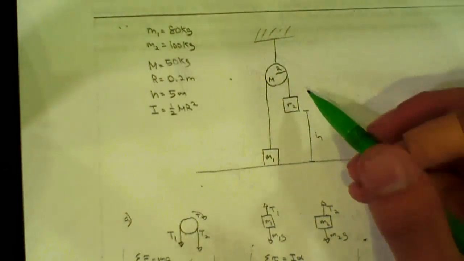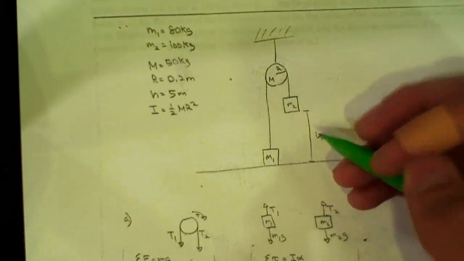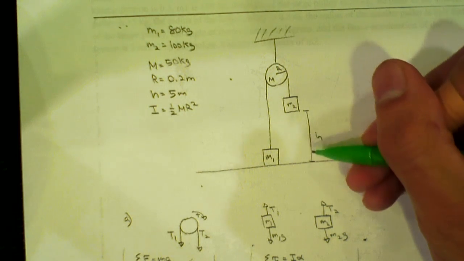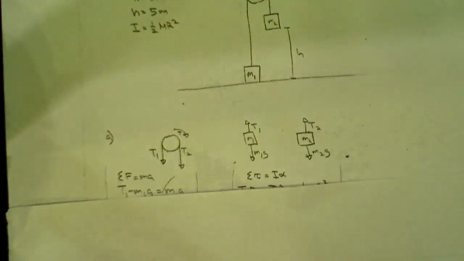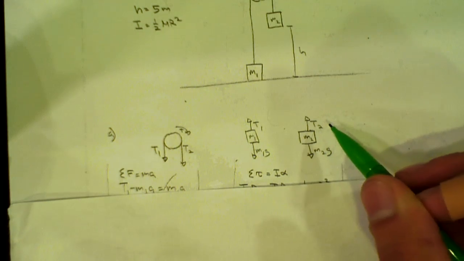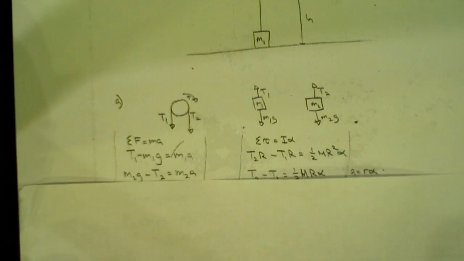All right? Now, if we do the summation of forces for the second mass, we look back at the diagram, anything that moves in this direction is going to be positive. So mass 2 is moving down, so anything pointing down is going to be the positive direction for mass 2. So we have the weight of mass 2 pointed downwards, and we have tension 2 pointed upwards. So the weight is going to be positive, and the tension is going to be negative.